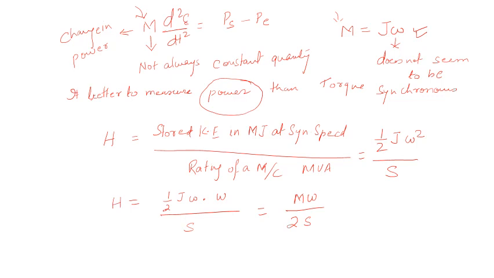Then H is M omega by 2S, so M can be written as 2SH upon omega.